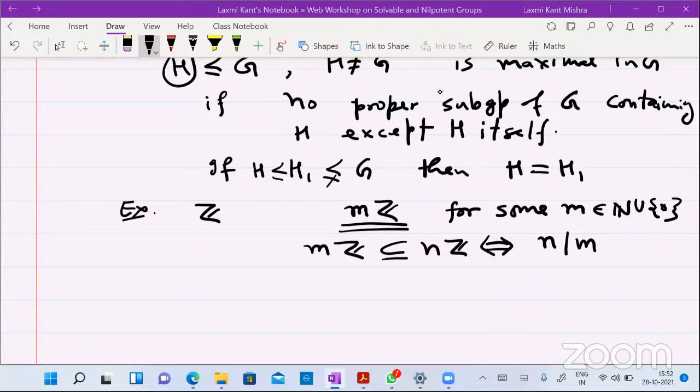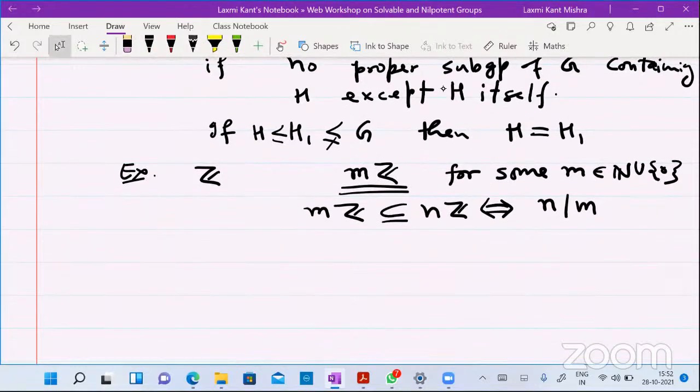That's good, Rahul. I'm going to that. So if MZ is contained in NZ, then N divides M. That means 4Z is contained in 2Z, since 2 divides 4.